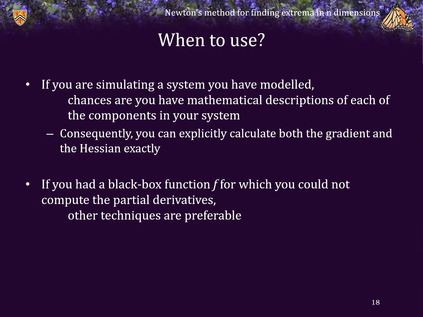On the other hand, if you have a black box function f for which you cannot compute the partial derivatives, you can only pass data in, get a value out. In that case, you can at best approximate the gradient and the Hessian, and therefore other techniques are preferable.